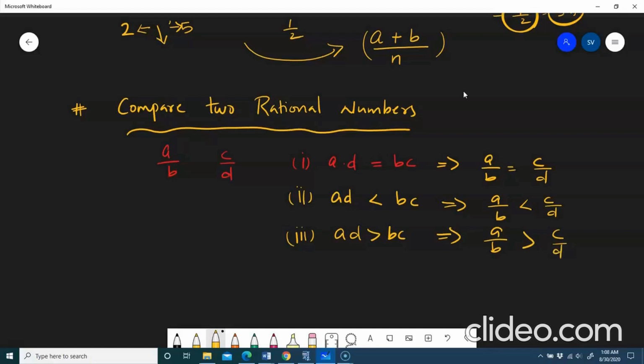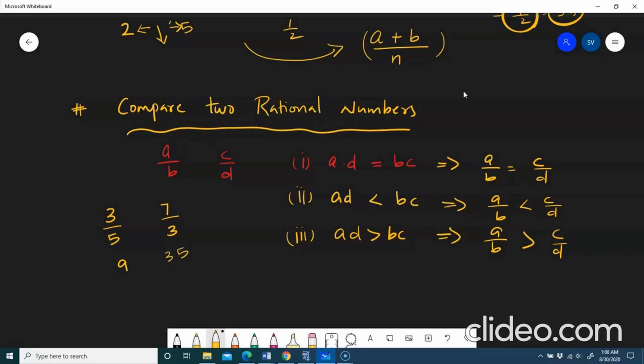Say for example, I will show you one example: 3 by 5 and 7 by 3. Compare which fraction is higher or lesser. This is A, this is B, this is C, this is D. AD is 9 and BC is 35.